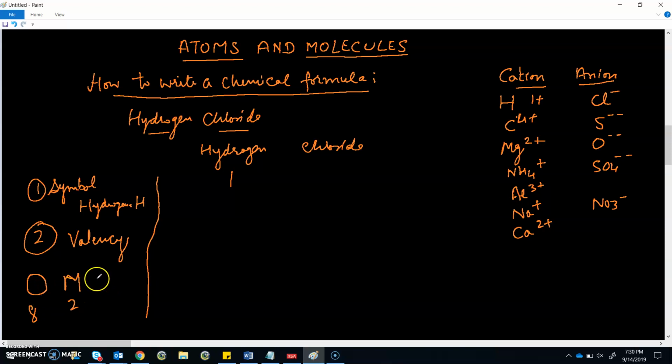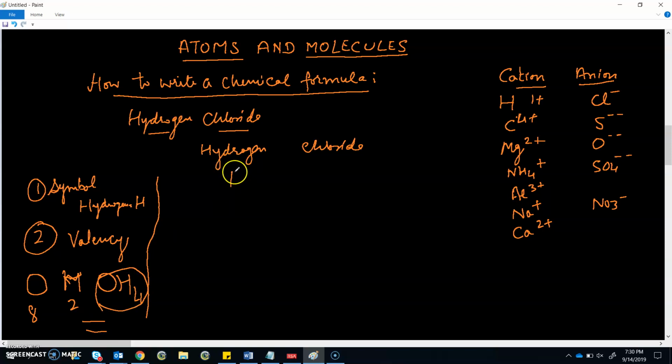So, 1 octopus and 4 humans, you can write it as 4 humans can be held by 1 octopus. So, the formula will be OH4. Now, it will be clear for you.